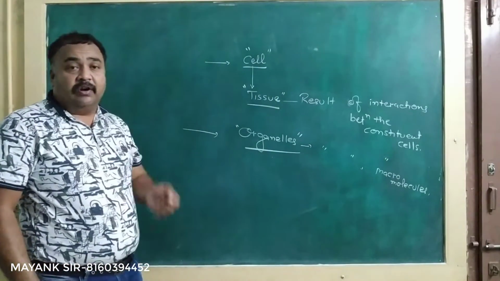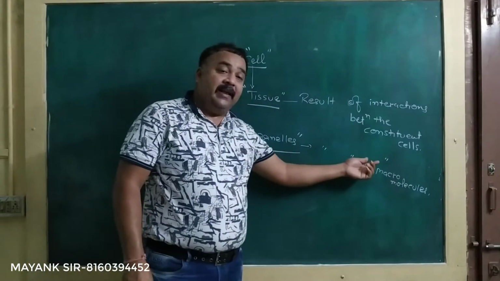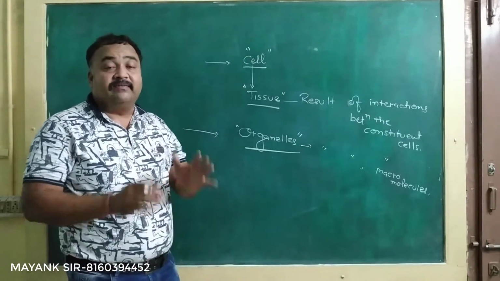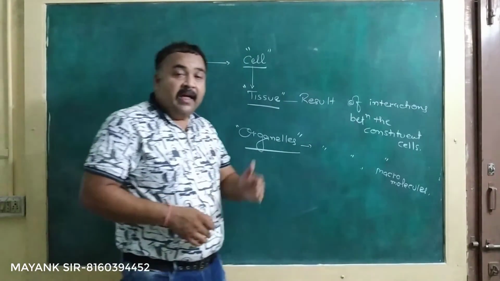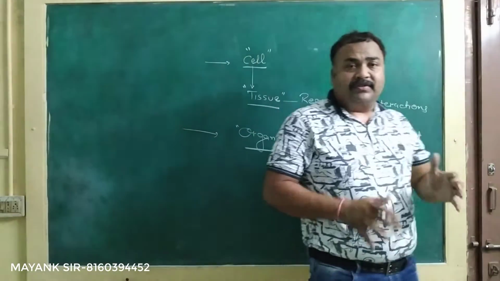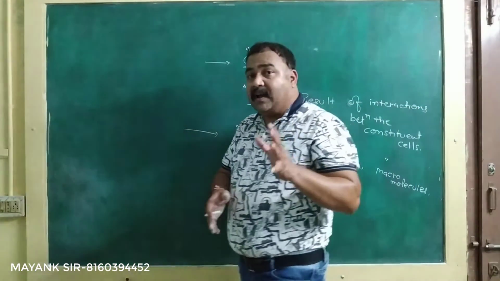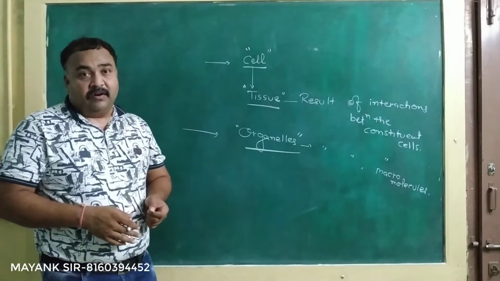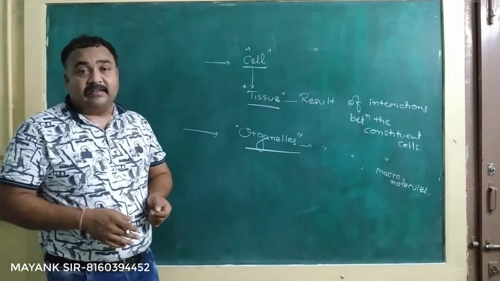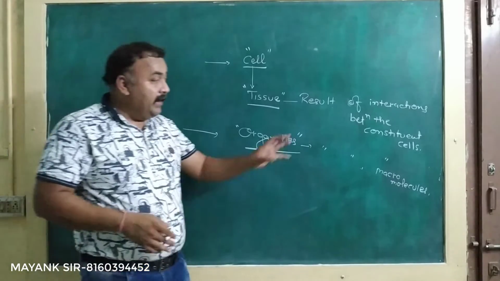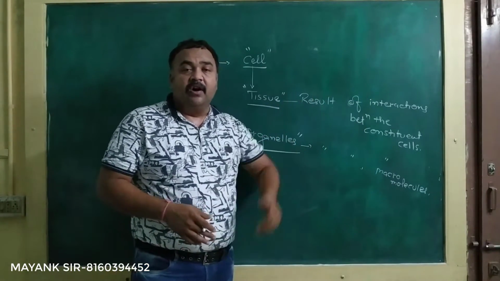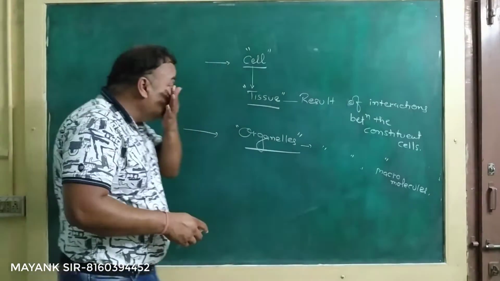So for the generation of characteristic, interactions among macromolecules or constituents is very important. Every living organism produces some kind of characters, and those are nothing but the characteristic of living. It is not the characteristic of non-living. And it is the result of interactions between the constituents of living organisms.